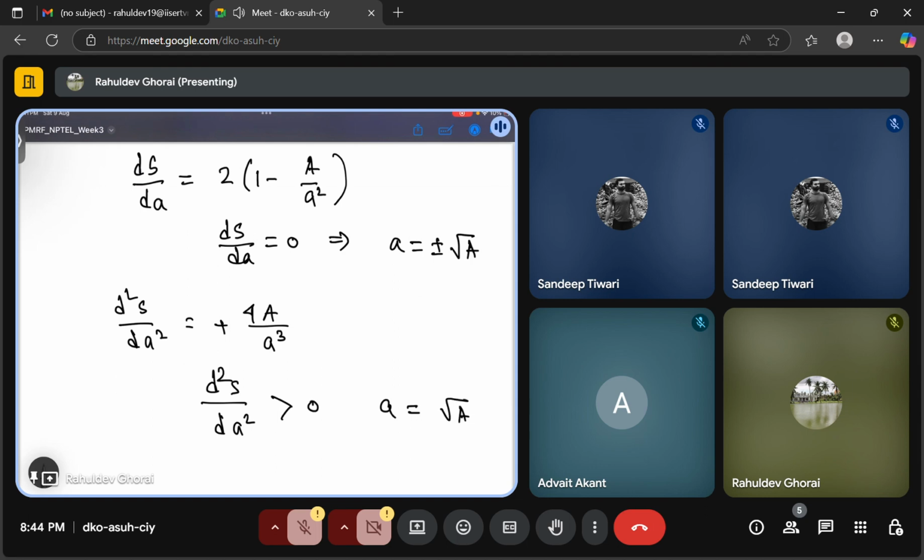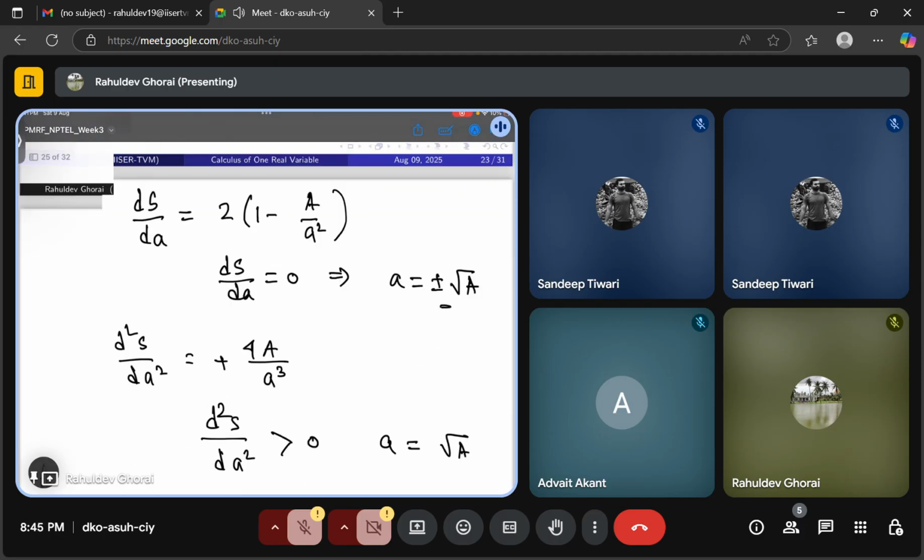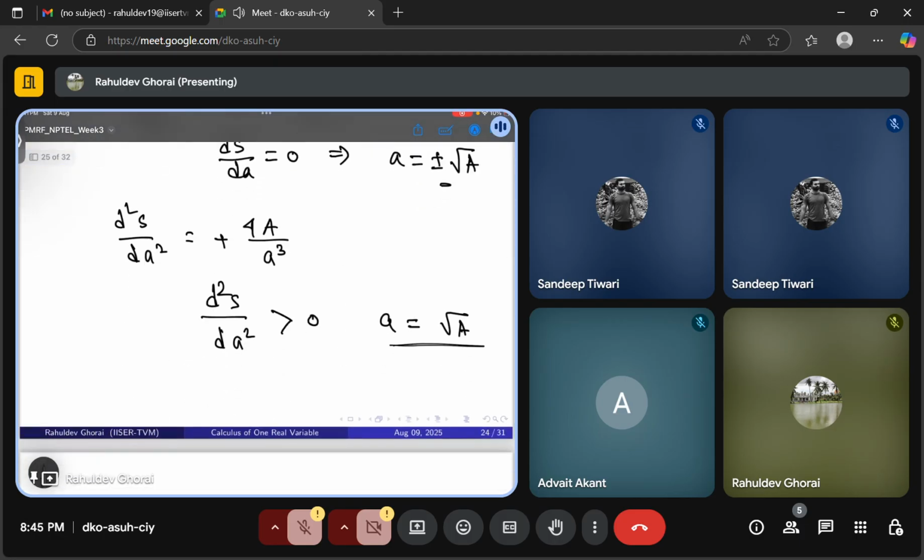So a cannot be negative because a is a length. So a is equal to square root of A. This is positive, so it has a minimum when a is equal to square root of A, and then b will be A over square root of A, that is equal to square root of A. So a is equal to b.